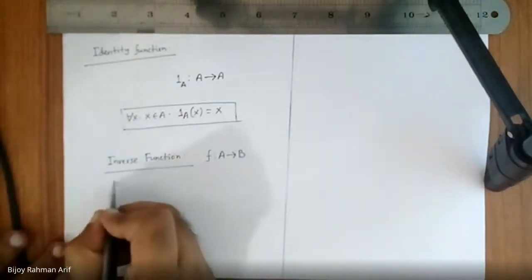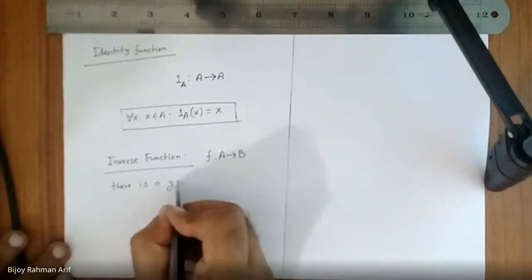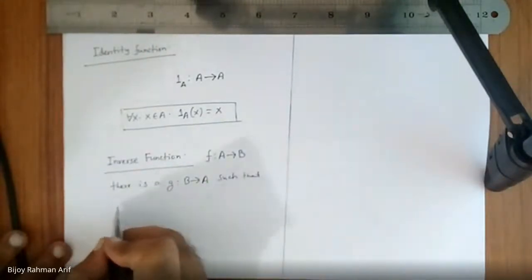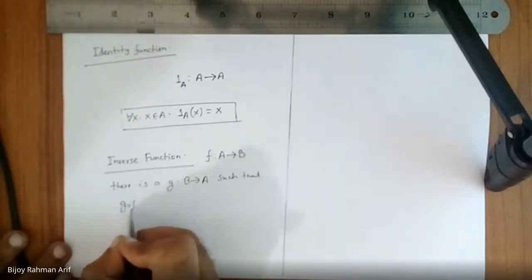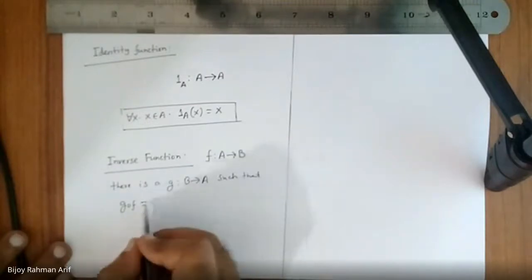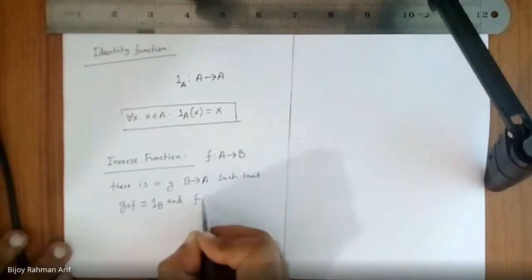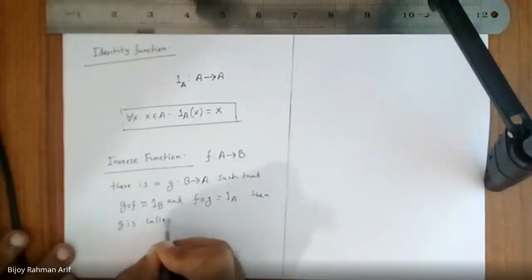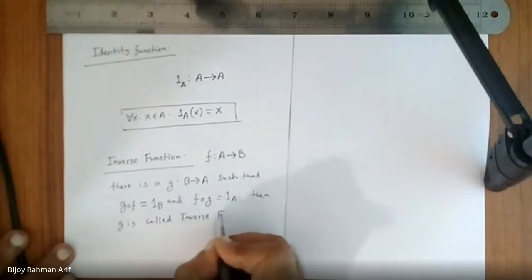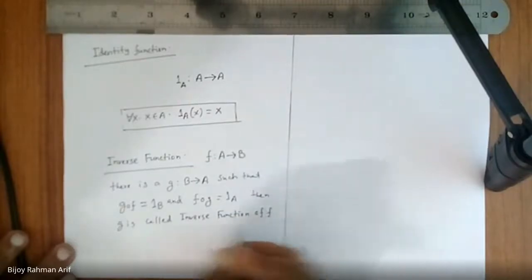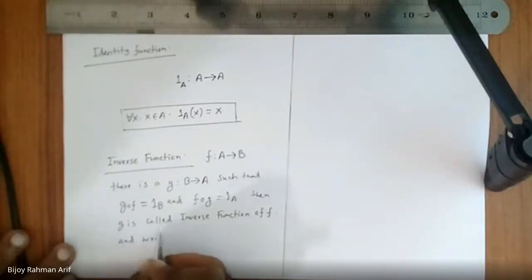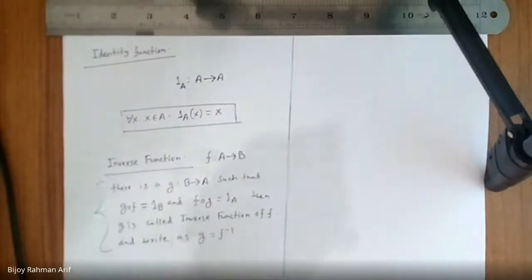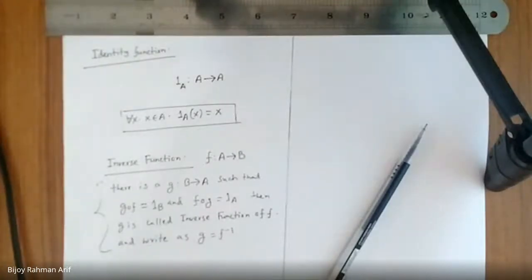There is a g from B to A such that g composition f is equal to 1B, and f composition g is 1A, then g is called the inverse function of f, and written as g equal to f inverse. Is the definition clear to you guys?